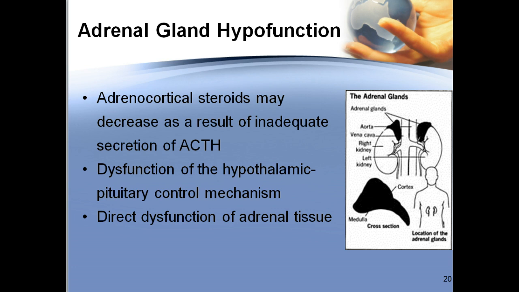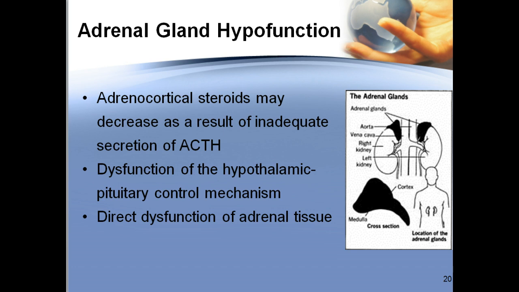So you'll have maybe some type of dysfunction of the hypothalamic pituitary control mechanism, or you may have a direct dysfunction of the adrenal tissue, which may relate to a person having decreased adrenal gland function.